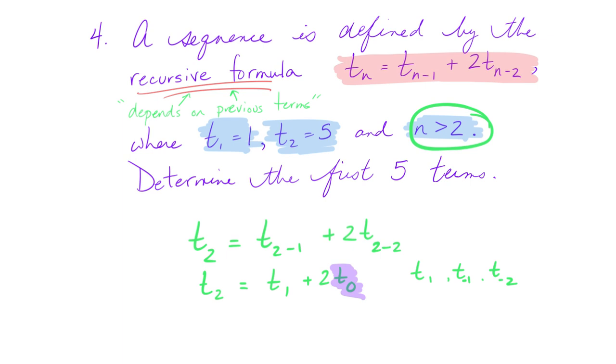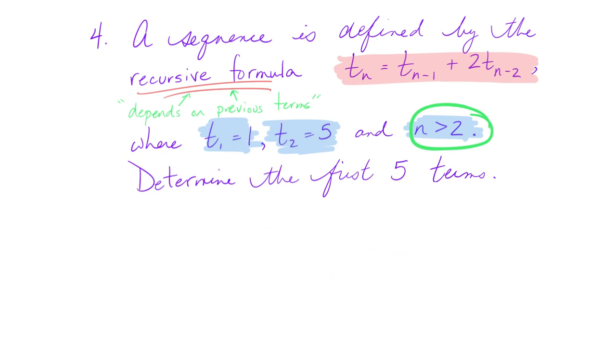Okay, I can't have a term -1 in a sequence that is a list of numbers. I can't have a negative place in a sequence. So that restriction is there to just make sure that all of our term numbers remain positive. Okay, I think you should be good to be able to give that one a shot. Give it a shot, we'll come back and we'll see how we match up.